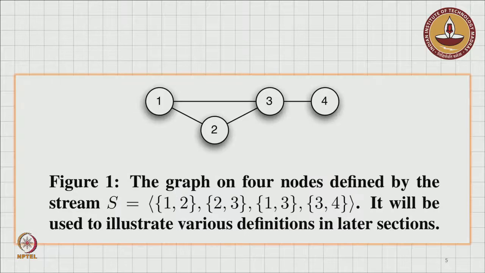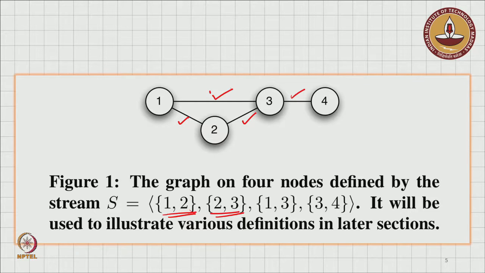Here's a quick example of a graph with 4 nodes, and an example input stream: first we get the edge 1, 2, then the edge 2, 3, then 1, 3, then 3, 4.